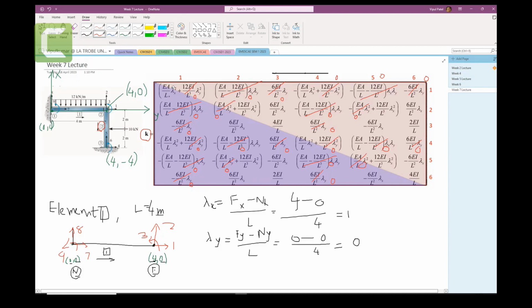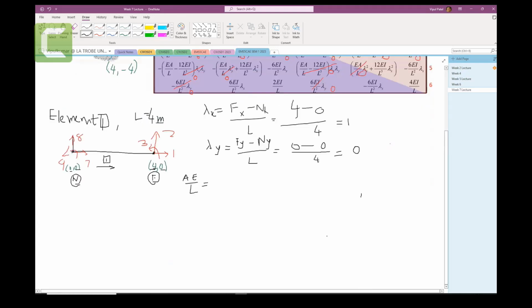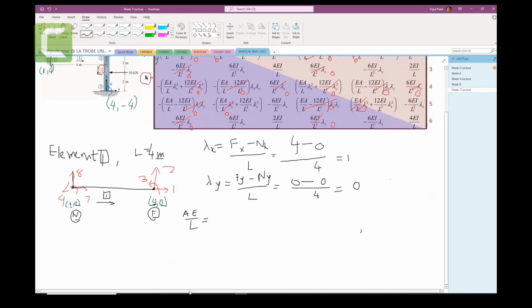So we can calculate AE over L. Let's do that one individually, because we need AE over L. Is it given in our questions?